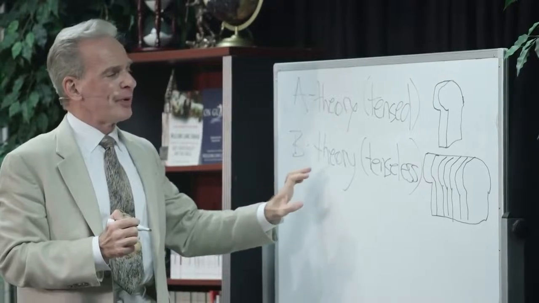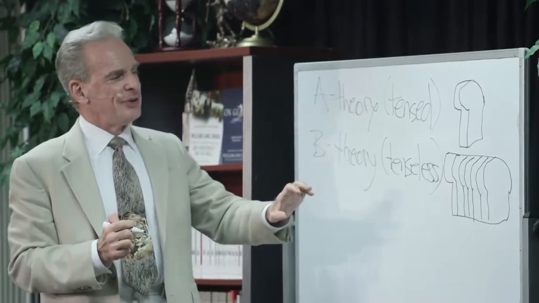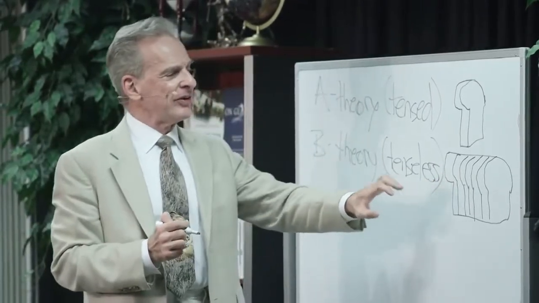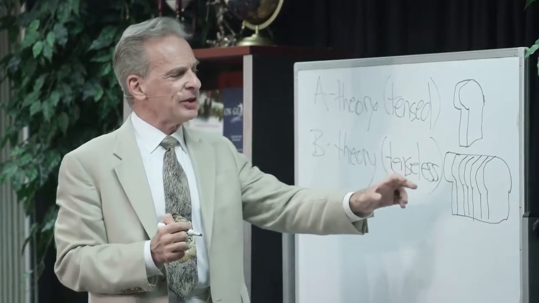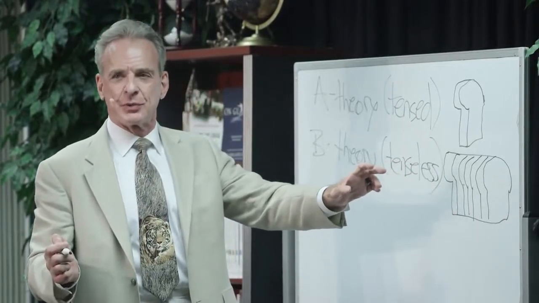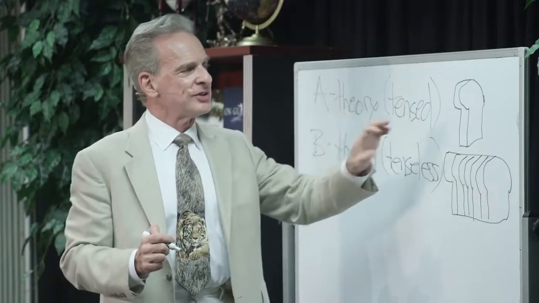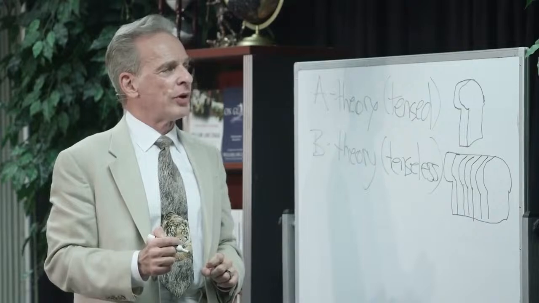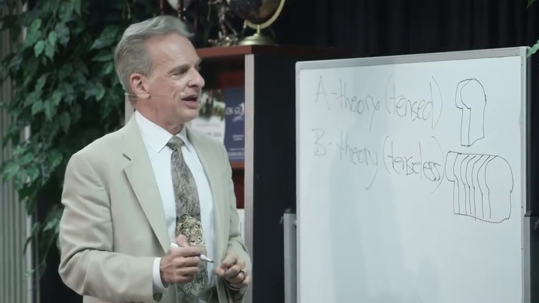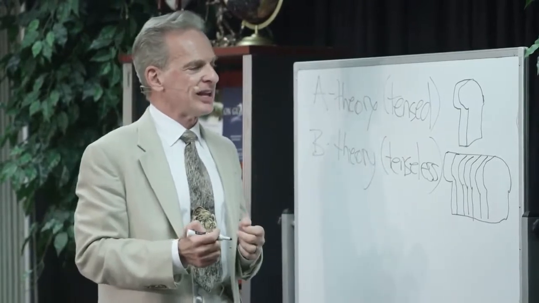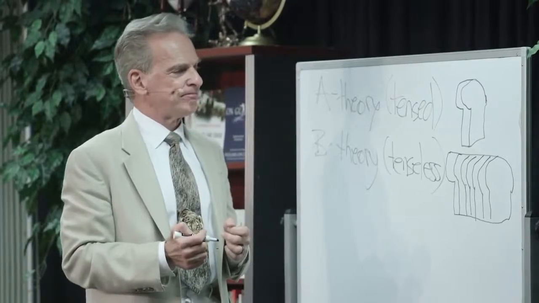So if you can remember B is for bread, you can remember that the B theory or tenseless theory of time is like a loaf of bread where all the slices are equally real, and the A theory or tense theory is like a single slice of bread where only one slice, namely the now, the present slice, exists.